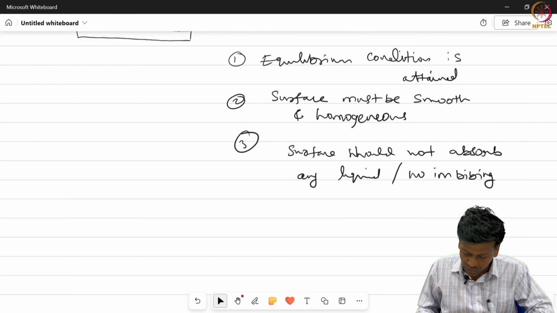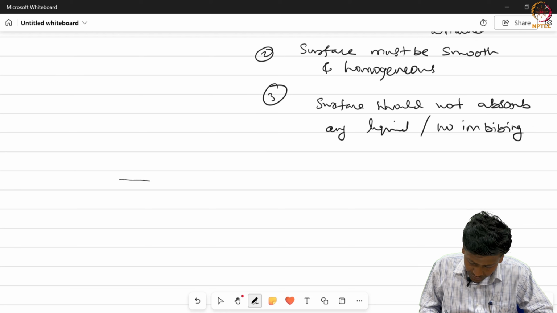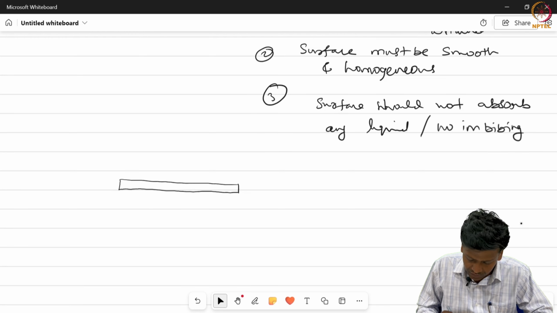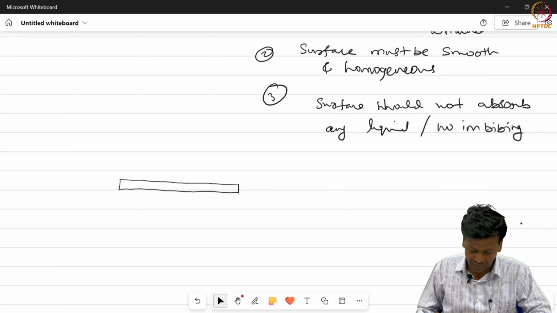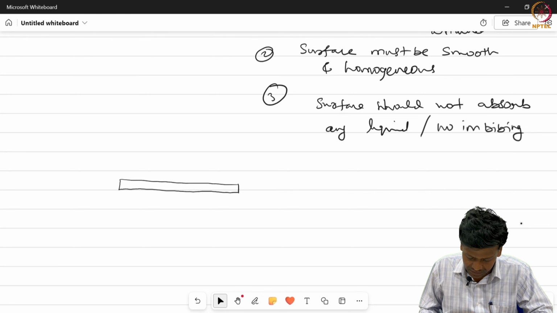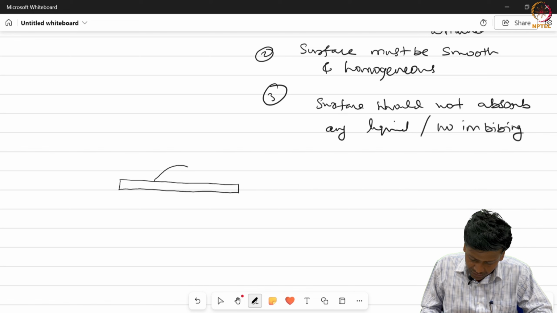Let's begin with how we can calculate or understand the contact angle, which is the three-phase contact angle. Let's look at the sessile drop. Let's say we place a droplet on the surface.